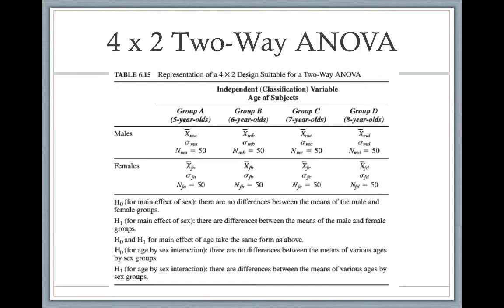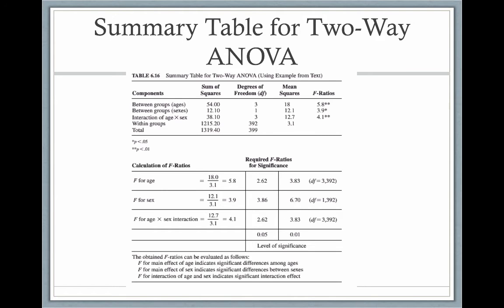And then we have to look for the main effect. So in this example, the F for the main effect of age indicates a significant difference among ages. The F for the main effect of sex indicates a significant difference between sexes, and there was an interaction effect between age and sex.